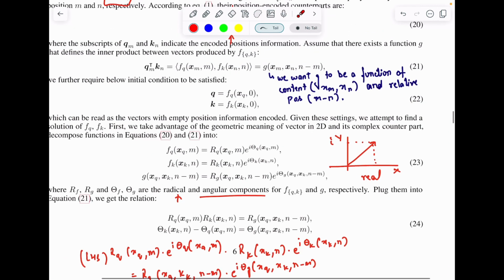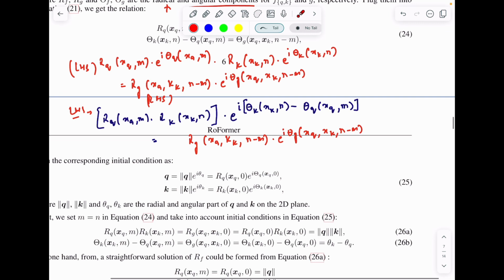Now let's see what happens to these initial equations. Okay. So in the initial equations, we have Q and K. Q is a vector and we can represent Q as the real part of the vector and the angle it had initially. Initially the vector might be having some angle which is represented by theta Q, right?